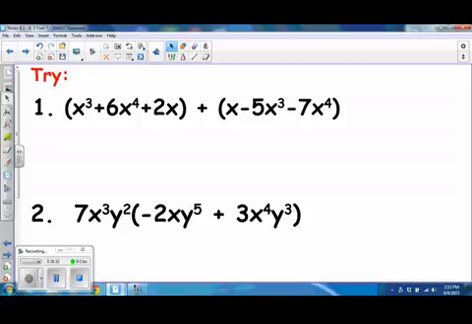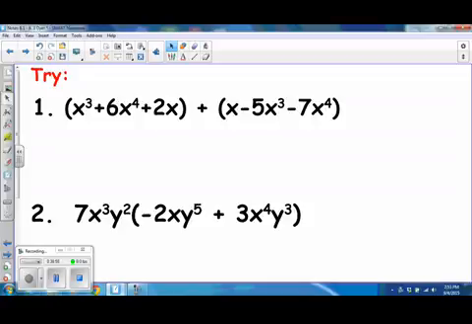So this is a positive 1, this is a negative 5. So 1 minus 5. Leave your x to the third. Even if you didn't know what it's going to be, 1 minus 5 would be -4.